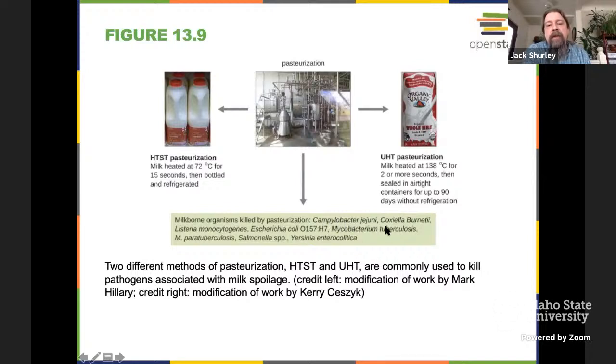So with pasteurization, you target these guys, but there are others: Coxiella, Listeria, E. coli, the bad guy, tuberculosis, and Salmonella, and others, all with some rather nasty situations. Pasteurizing the milk ensures that these guys are eliminated.